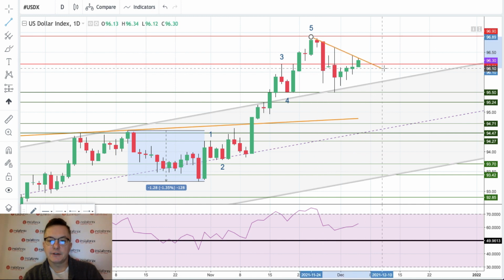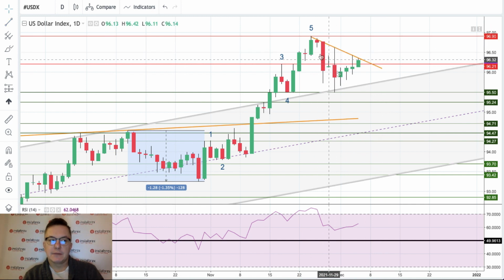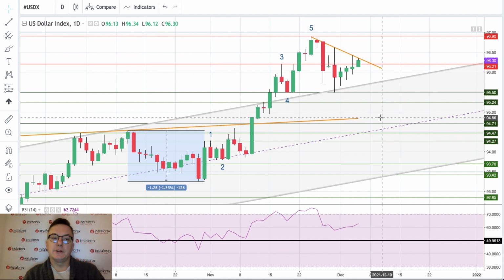As you can see, we have the short-term trend line here, and the market is trading below this level right now. So only a sustained breakout above this line would give us another wave to the upside towards the high of 96.90. Otherwise, we should expect the test of the lows sooner or later, and then a breakout lower towards 95.24.